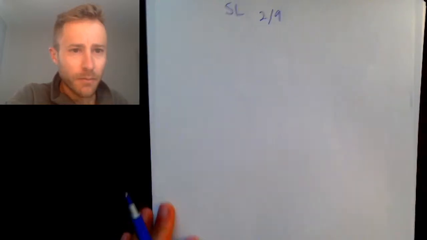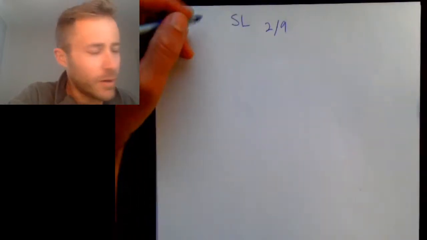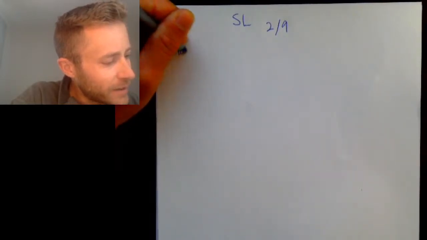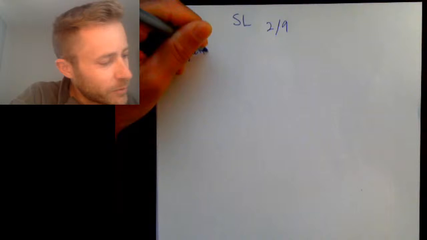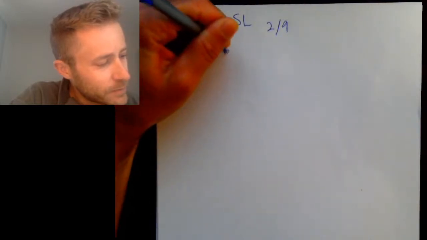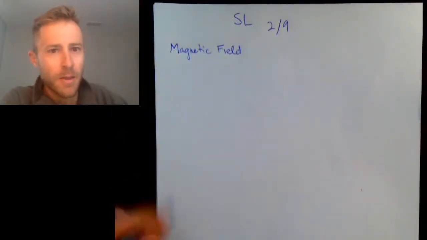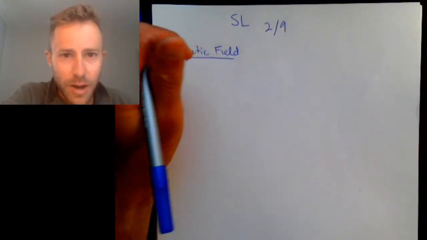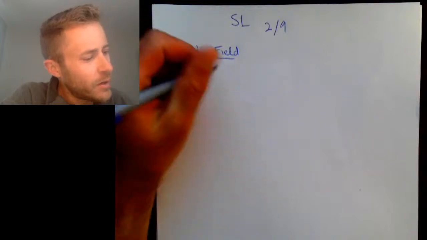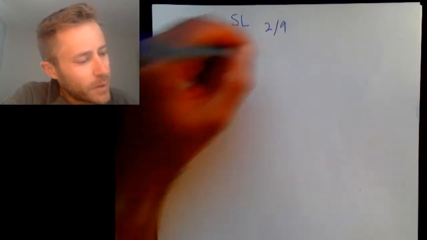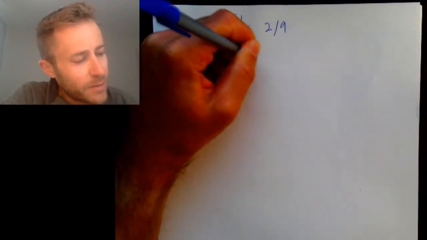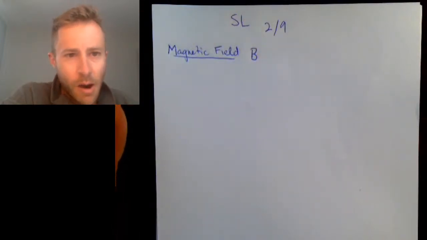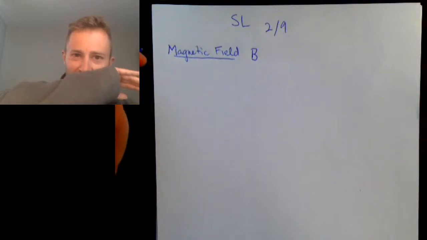So, today we are talking about the magnetic field. Okay? So just like there's an electric field, there is also a magnetic field. The magnetic field is denoted by B. B stands for magnetic field.